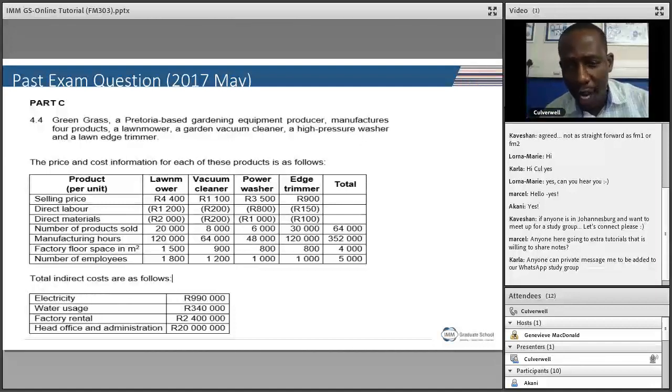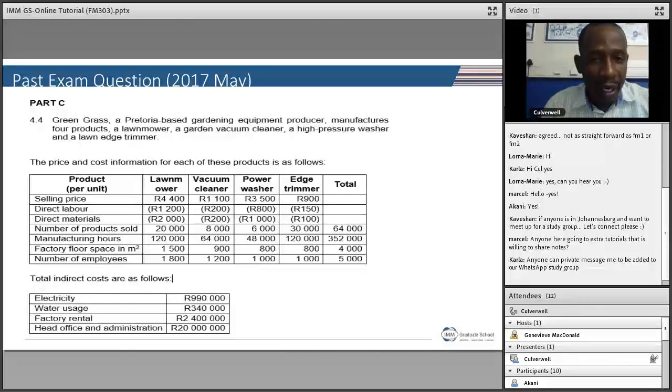And we know the selling price per lawnmower together with the direct labor and direct materials. Your manufacturing hours, they are 120,000. Of course, which is the number of hours spent in manufacturing or producing the lawnmower. The factory floor space is also given in square meters, which is 1,500. And your number of employees are 1,800.